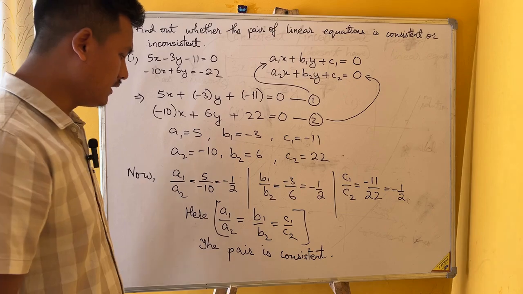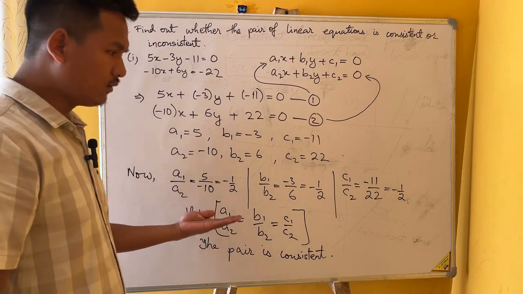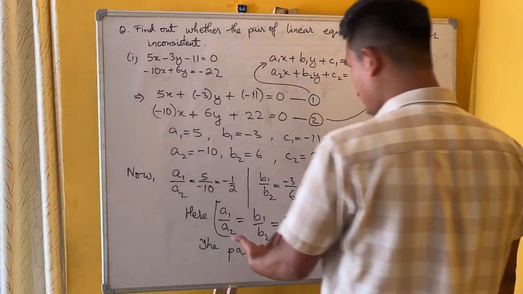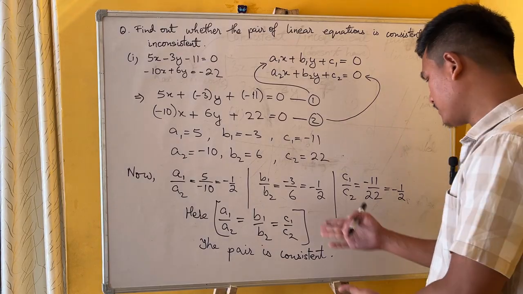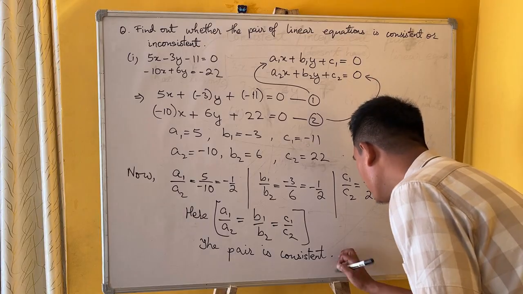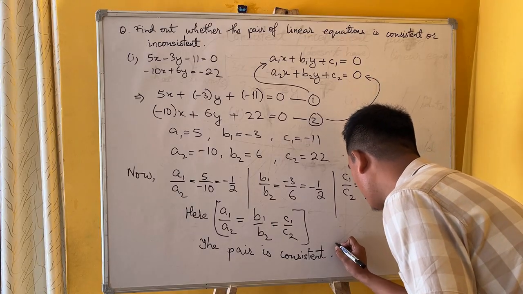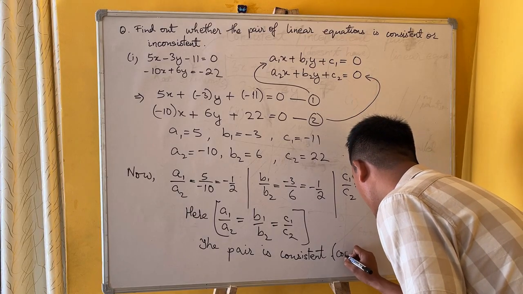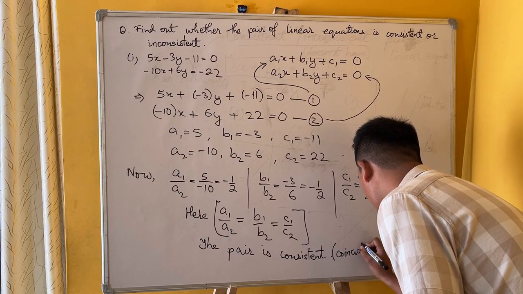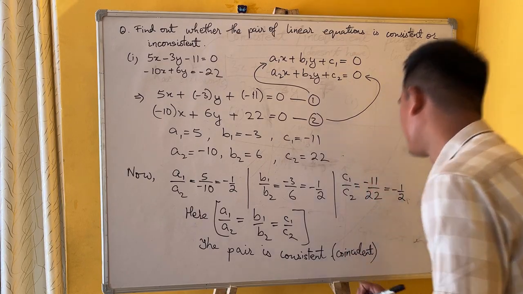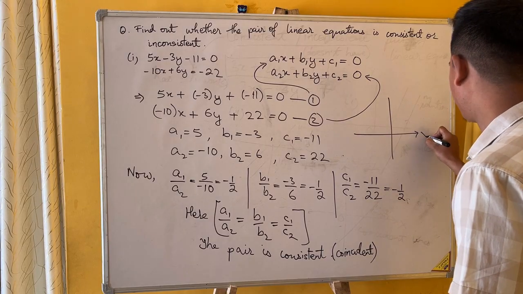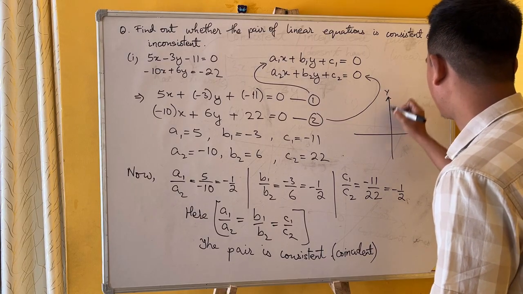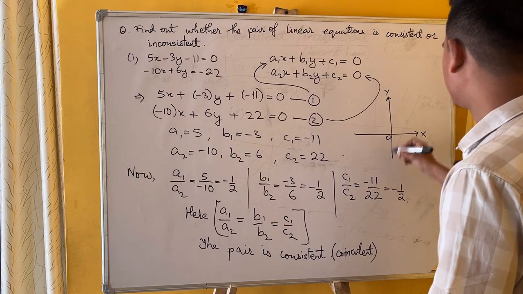This is consistent. If you want to know the picture it forms on the graph, although it's not required here, this is consistent while it's coincident. The lines are coincident means if this is a graph, the lines should be something like this.